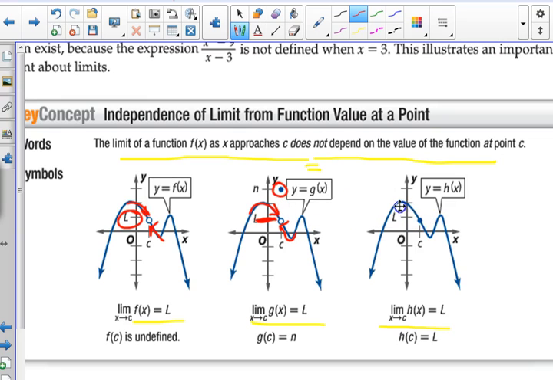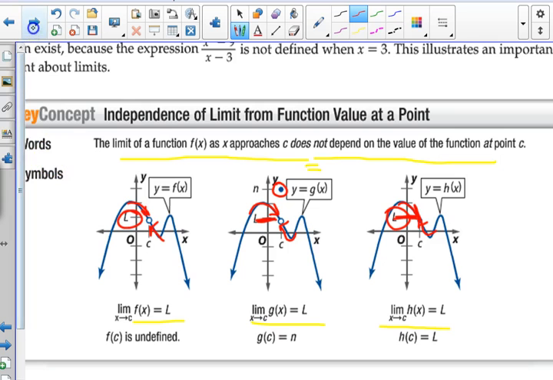And this one, it just hits L at that point. So as you come from the left or the right, you're still getting closer and closer to L. So the value can be undefined, it can be defined somewhere else, or it can be defined at L. But the limit of all of these graphs as x approaches C, the y value L, is the same on all of them.